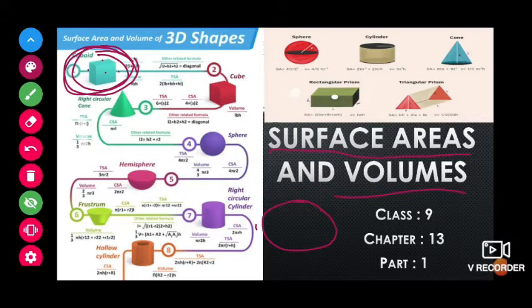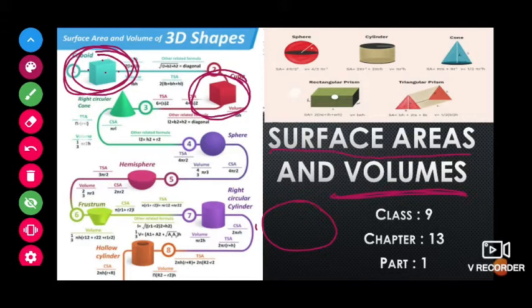For example, if I take a cube, a box like a cube, then how much we can keep inside that box is called the capacity of that box. All that we find by using volumes. So overall, in this chapter we are going to deal with 3D shapes.